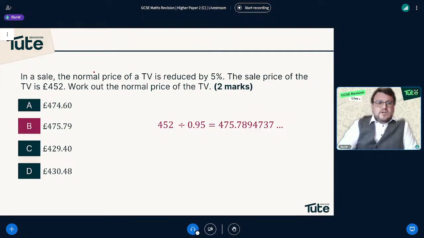Now, the sale price of the TV is £452. That's implying to me that you've already done the calculation and you've got the new price. What this is asking you is what the original price was. So it has to be reverse percentage. Okay. Reduced by 5%. So you know you've used a multiplier of 0.95.